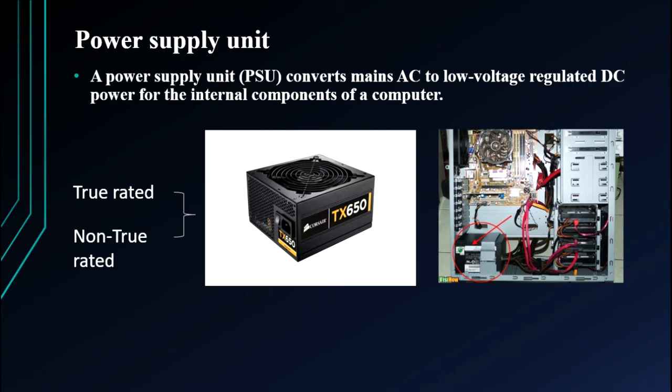The power supply's main use is to convert from higher or bigger current, stepping it down to lower current. For example, 12 volts and 5 volts or 9 volts. That is the main purpose of our power supply unit.